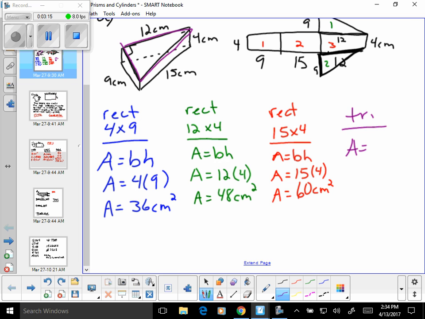But now we have to switch over to the formula for a triangle. 1/2 the base times the height. Remember, we have to look for this right angle. So the base here is going to be 9, and the height is going to be 12. I would take 1/2 of 12, which is 6, and 6 times 9 gives me 54 centimeters squared.